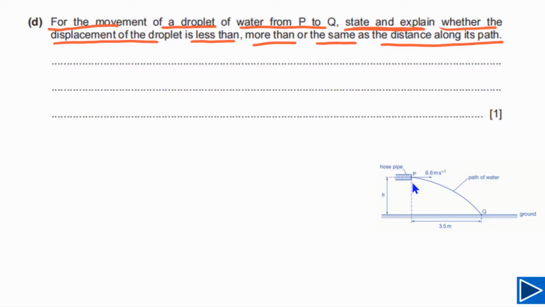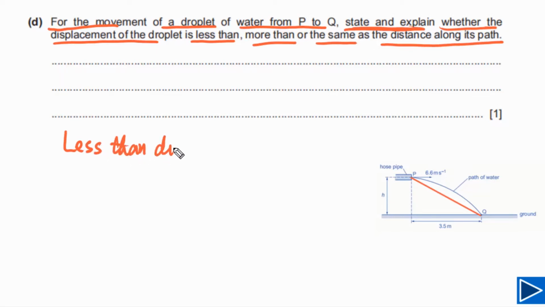In this case, displacement from P to Q, this straight line is the displacement. And you see this curve, this one is the distance. So simply you can see from here, in this case, displacement is less. So we will state displacement is less than distance.